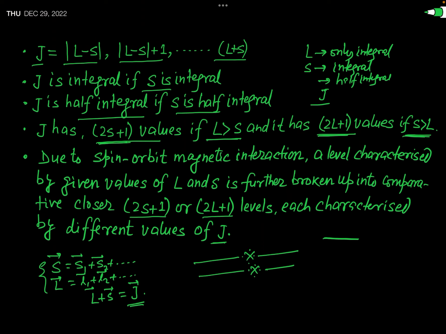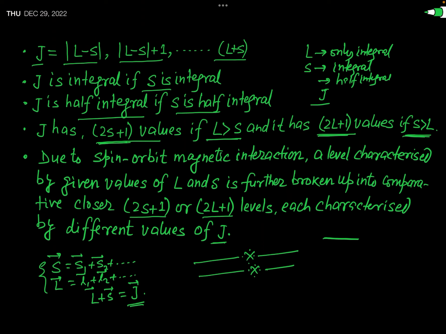Okay. In fact, when this LS coupling takes place, the group of the different J levels forms a fine structure multiplet, and the relative spacing of the fine structure levels within a multiplet is governed by a particular rule, and that rule is called the Lande interval rule.